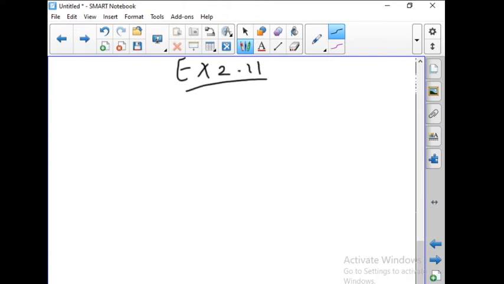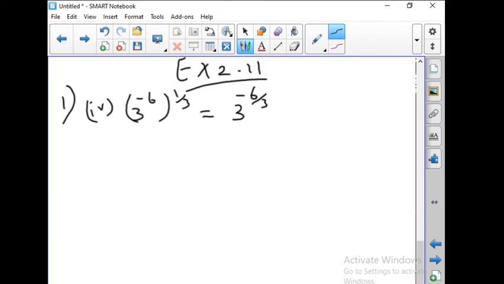Exercise 2.11, first question, we will do the fourth subdivision. So what is it? 3 power minus 6, the whole power 1 by 3. So this is 3 power minus 6 by 3, which is equal to 3 power minus 2.